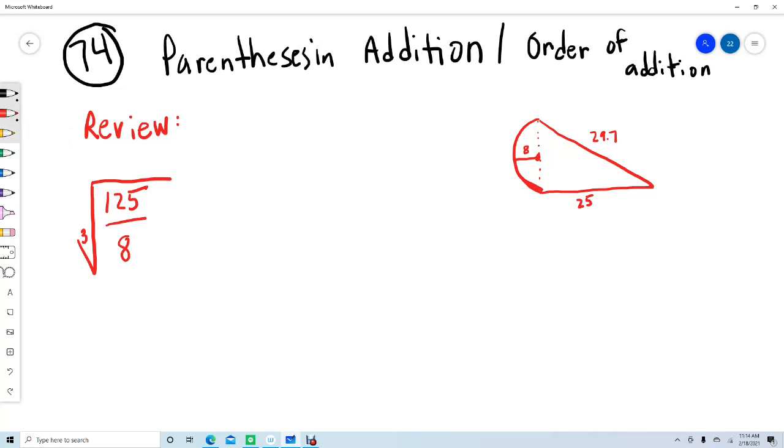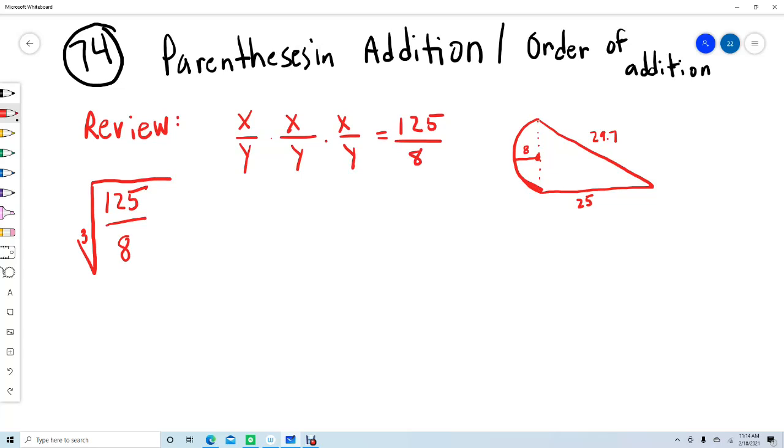All right, so the first problem I want to review is taking a root of a fraction. In my example, we're looking for the third root of 125 over 8. What does that mean? It means what fraction multiplied by itself 3 times gives me 125 over 8.